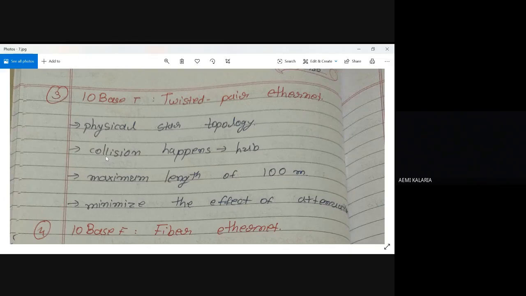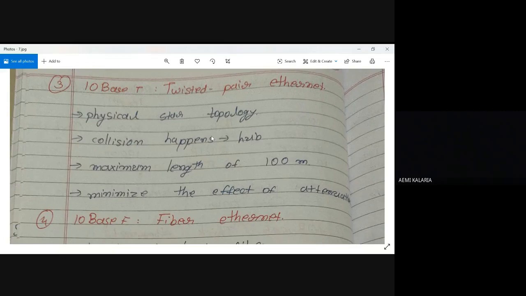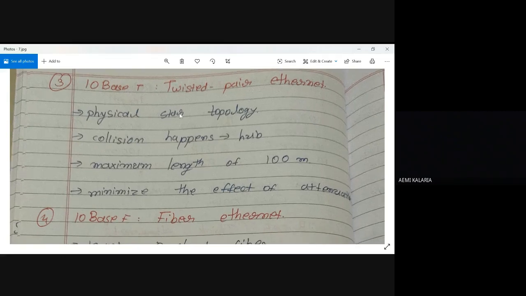Now if any collision happens, then the hub can easily manage it. Why do we use star topology in this twisted pair only? Because in the previous one our capacity is not that much, so with bus topology we can manage, but here speed is more, so we have to use a different topology.